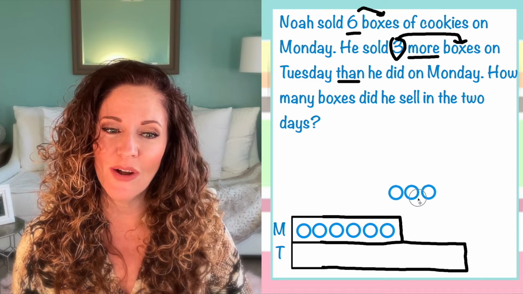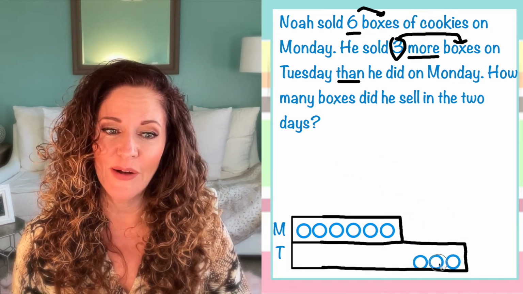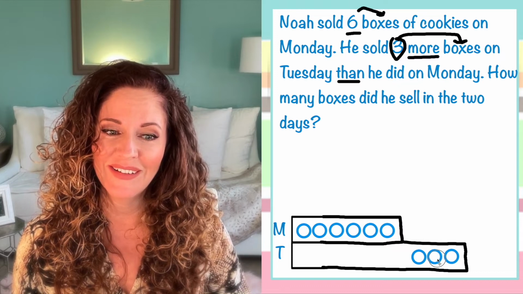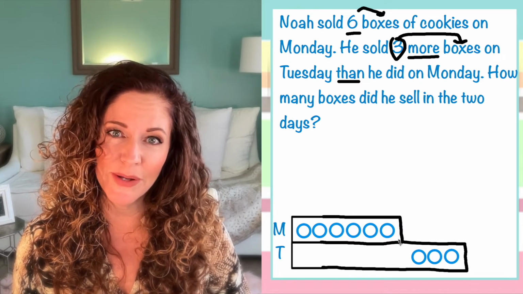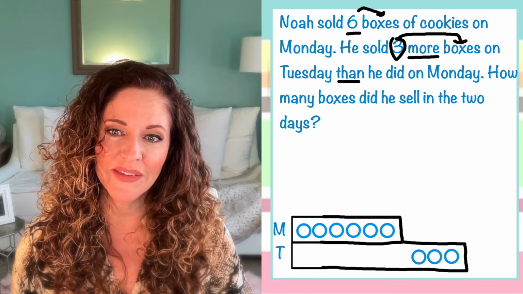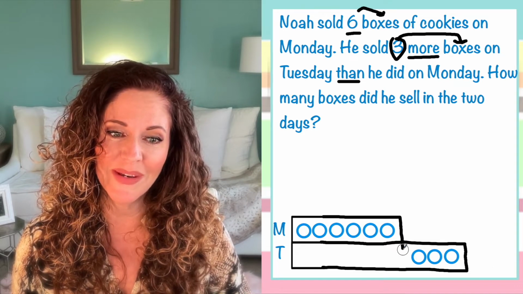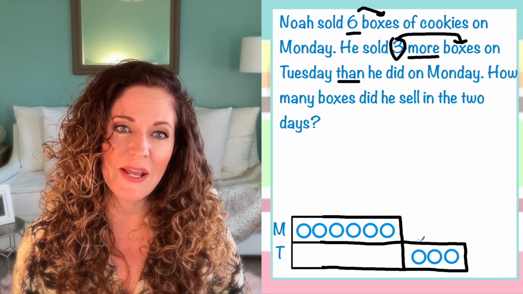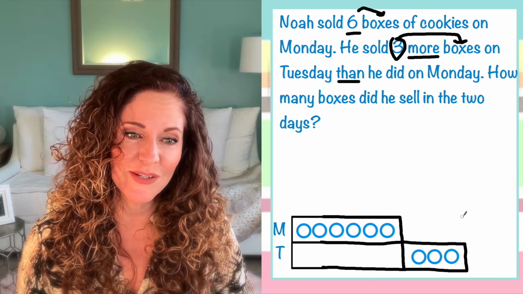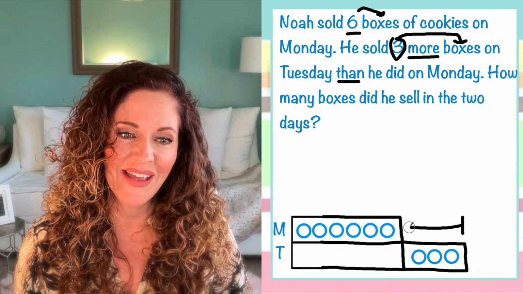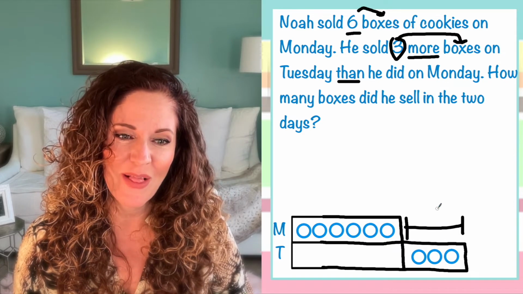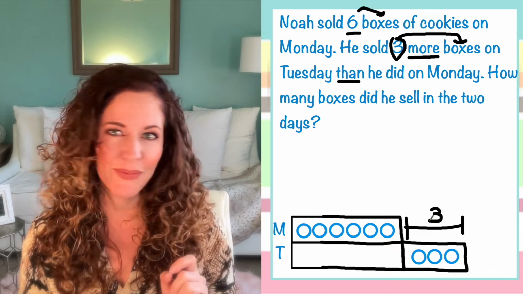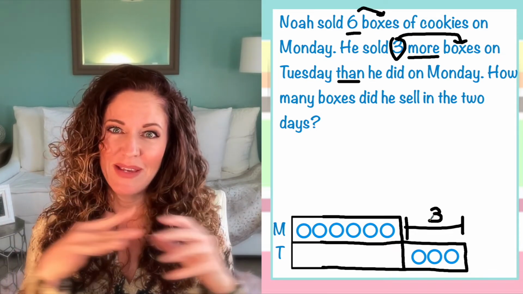I would actually draw those 3 extra outside of my Monday box way over here. You see how it's not lined up underneath my Monday box? Because it's not the same as what he sold on Monday. It's extra. Which means if he sold 3 more or 3 extra on Tuesday, then we know on Monday he actually sold 3 less. And I write that number 3. I don't model it because it's an empty space of 3.